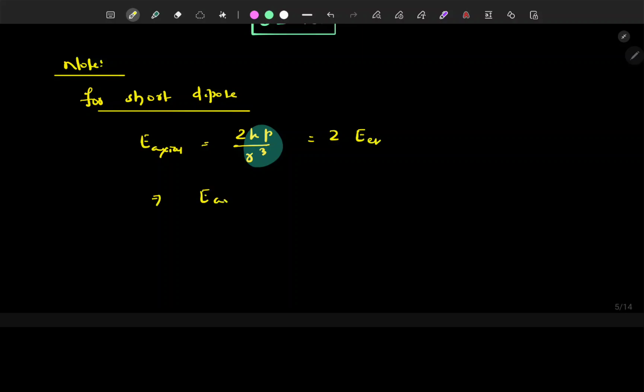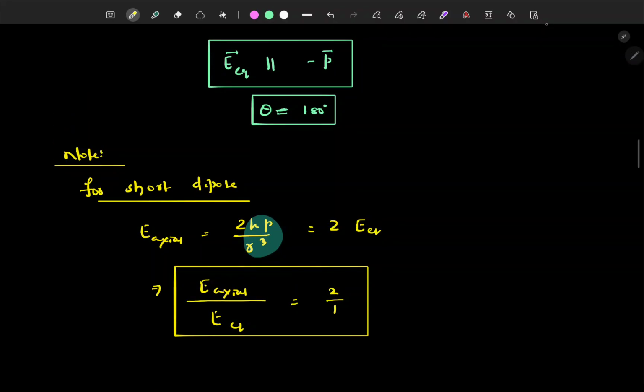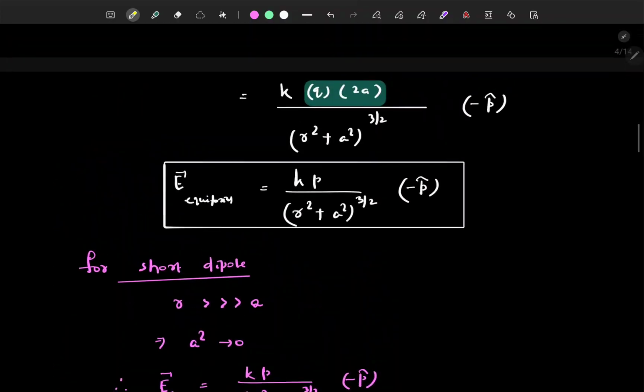That means E axial divided by E equatorial is equal to 2 by 1, or 2:1. The ratio is 2:1. So this case is finished.